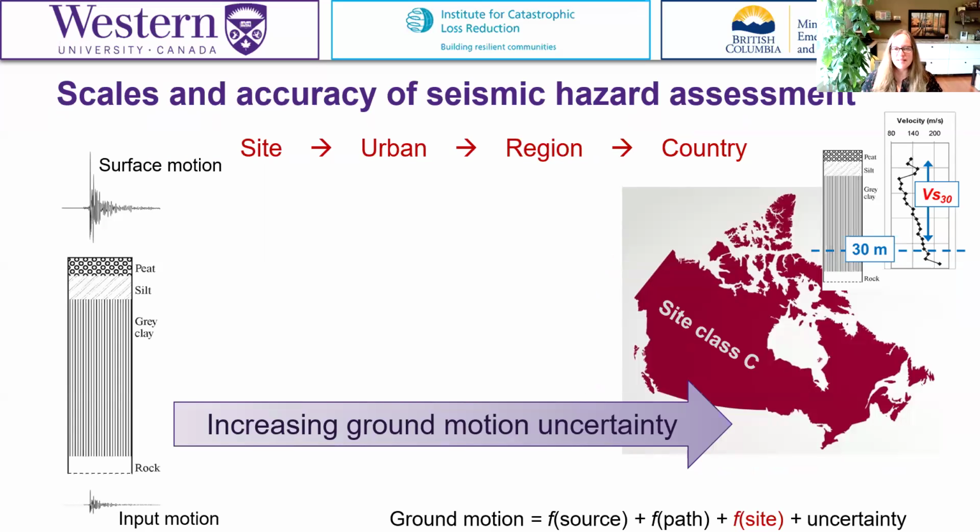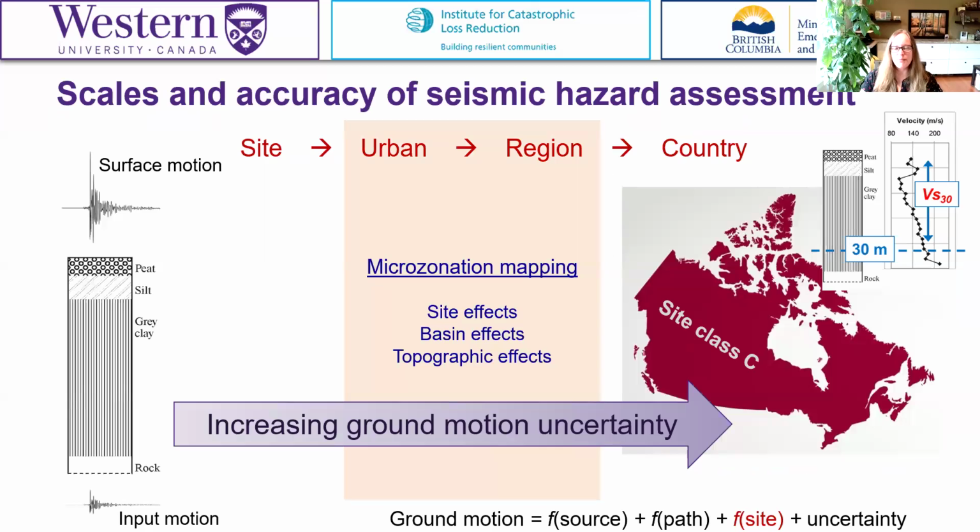This is a complicated slide a little bit, but on the left, we have site-specific seismic hazard assessment, and on the right, we would have our national scale seismic hazard assessment. And microzonation mapping is going to be in the middle. It's going to be regional scale. And so as you push to higher or to greater scales, as we go from site to region, in a region, we're considering thousands to millions of sites.